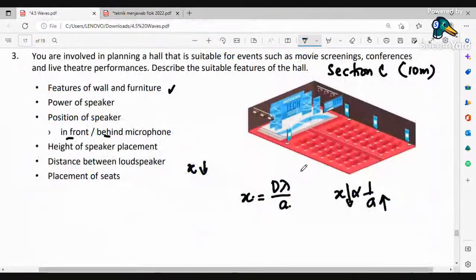Same as what you observe from here. Okay, means if this one is constructive, beside it is destructive.